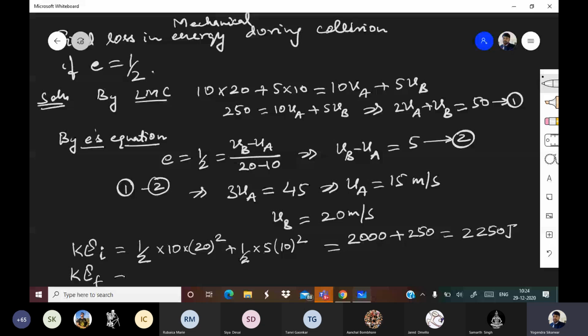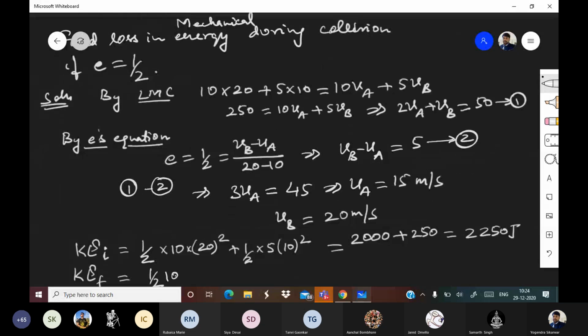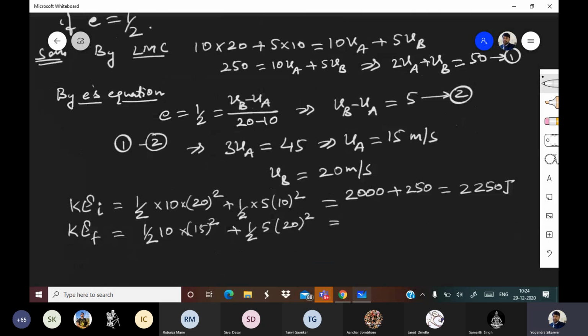Now comes kinetic energy final is equal to half into M. M is 10 into VA. VA was how much? 15 square plus half into 5 into VB, which is 20 square. So 15 square is 225. 225 into 10 will be 2250 divided by 2.